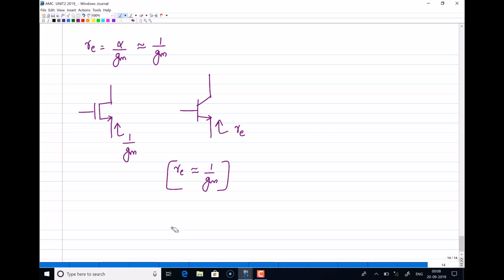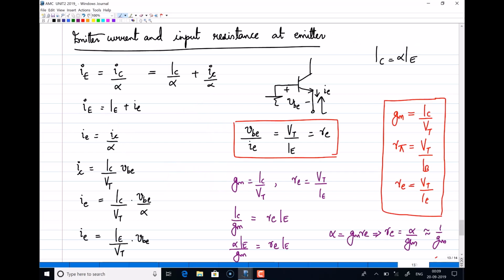This is very important. Now one more thing: the relation between the resistance looking into the base and the emitter, the relation between RE and R pi. Both resistances are defined.